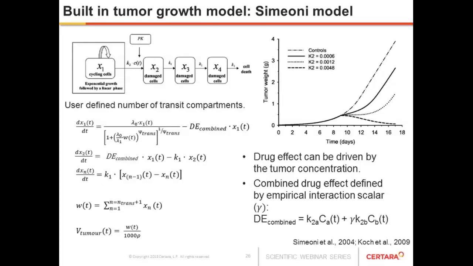So the built-in tumour growth model, I'm sure many of you are familiar with the Simeone model, which is illustrated at the top of the slide. This assumes an exponential followed by linear growth phase of a tumour, and the drug effect comes in through a killing effect that's proportional to the concentration of the drug. I think one of the things that's different about PBPK models is that we're able to model the concentration in the tumour, and therefore we can use this as a driving concentration for the drug killing effect.